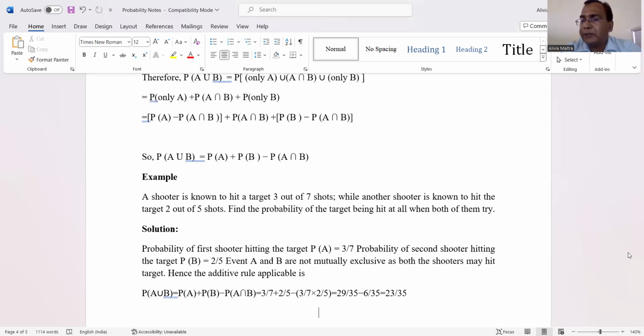Another shooter is known to hit the target 2 out of 5 shots. So this will give us the probability for hitting the target by the second shooter. Find the probability of the target being hit at all when both of them try. So when both of them try, we have to find the probability of hitting the target by anyone. So how can we solve this question?